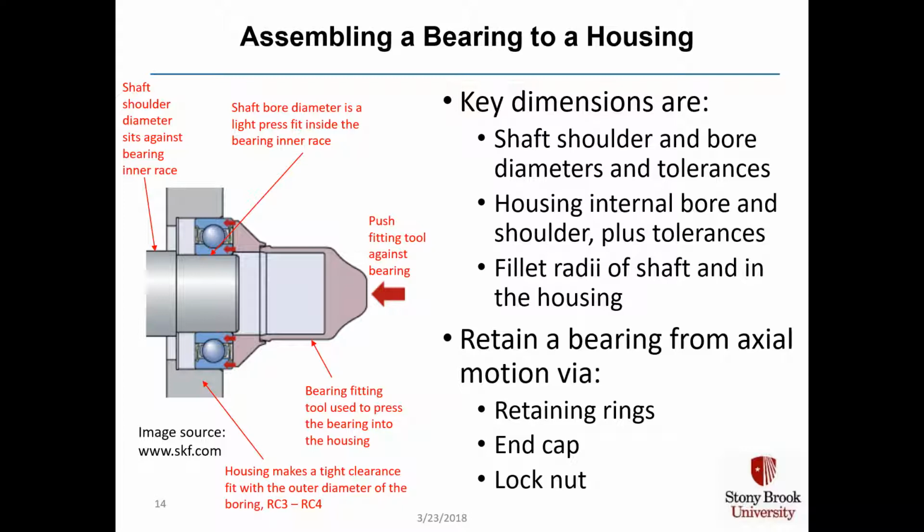The housing makes a tight clearance fit with the outer diameter of the bearing, typically RC3 to RC4. You can retain a bearing from axial motion if you use retaining rings, but if you go with a slightly tighter fit between the bearing and the housing, you won't even need to do that.